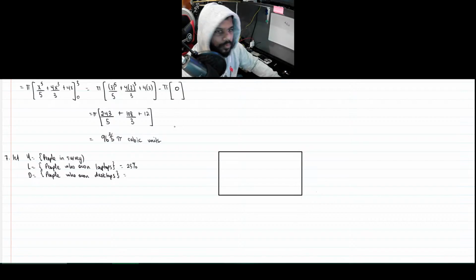The percentage who own desktops is 70%. We know the percentage who own both, that is L intersect D, is 12%.